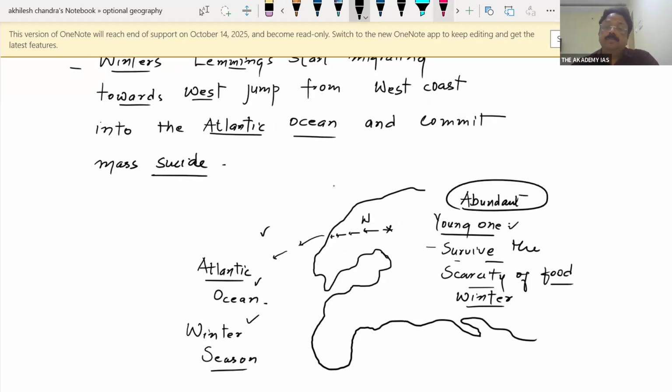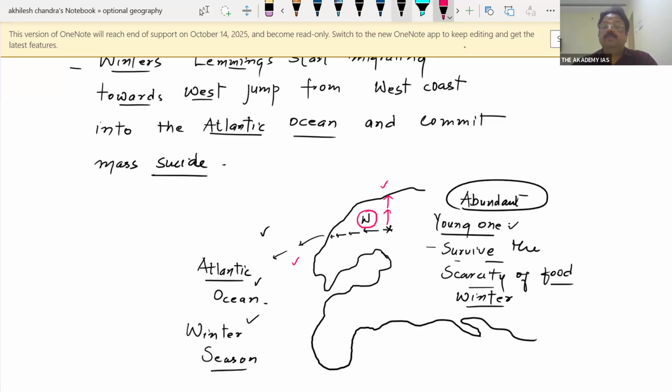But it was thought, why are they going to cover this 600 kilometers to jump over there? Why not just cover a few 10 to 100 kilometers and jump over here and commit the mass suicide? That means they are moving towards west, not because they want to do suicide, but because of something else.